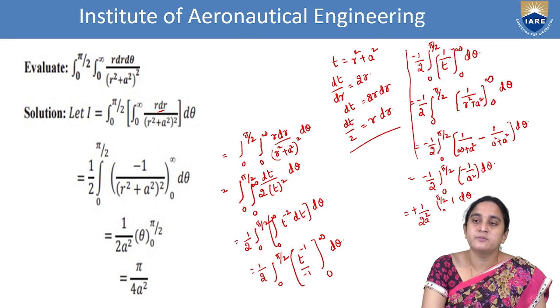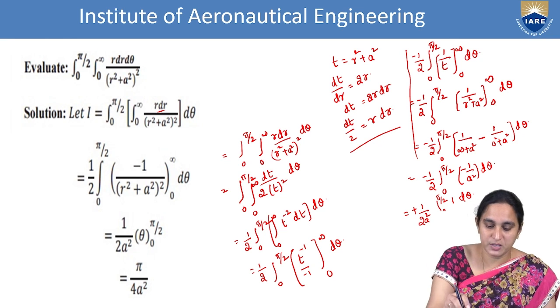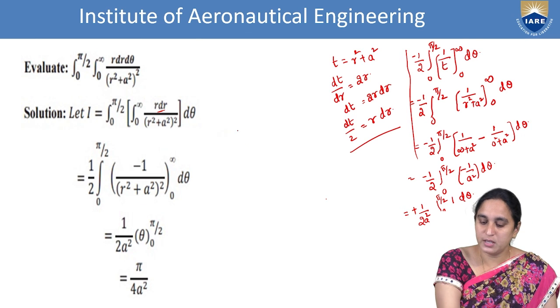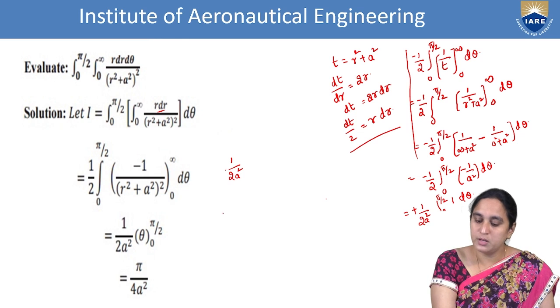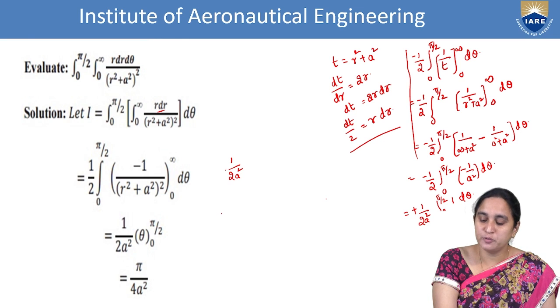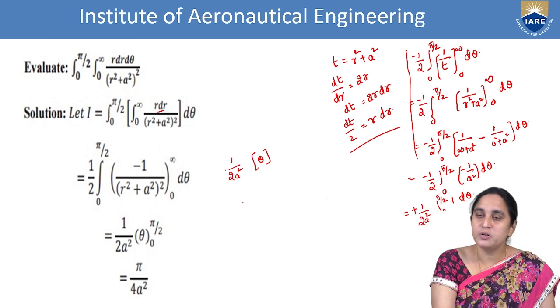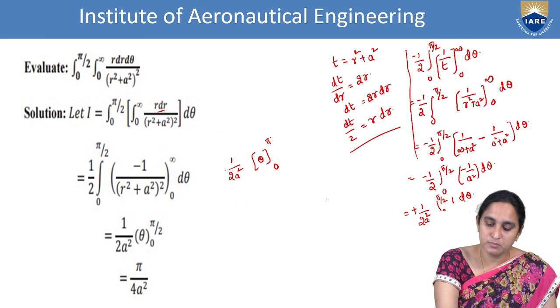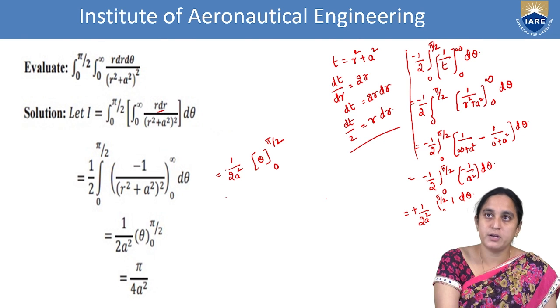Now integrate with respect to theta. Therefore, 1 by 2a square into the integral of 0 to pi by 2 of 1 d theta, that is theta, with limit points 0 to pi by 2.